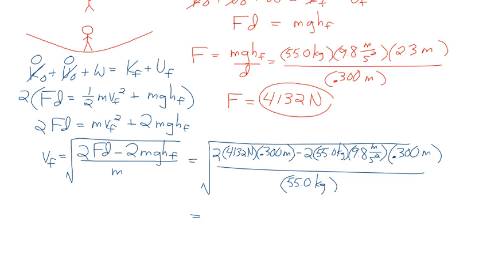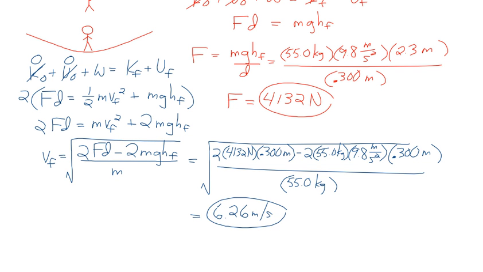I think the other class said it was like 6.2 something, 6.26. 6.26 meters per second. So that is the speed that the gymnast leaves the mat at.